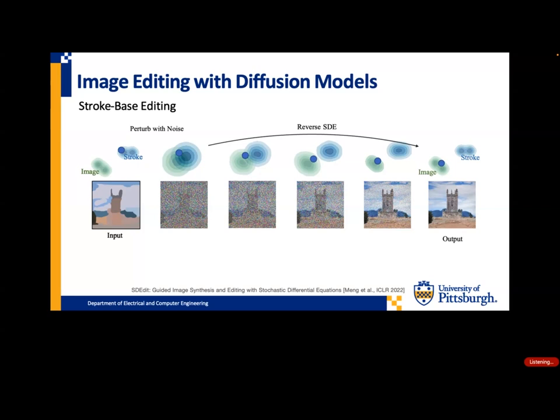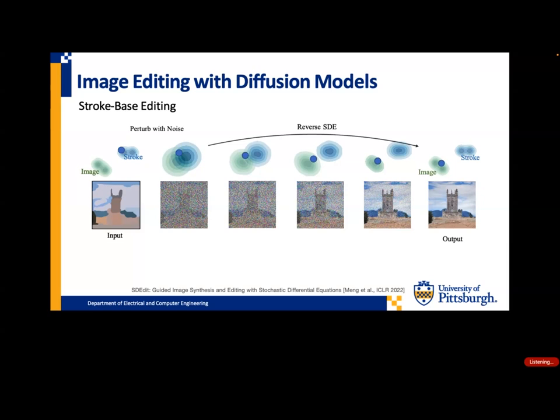When I push it off the cliff into the middle, I'm coming from the strokes, but I'm also very close to the real image mountain. So from here, if I keep doing the denoising process, I will gradually climb up to the green mountain, which is the real image. Therefore, by doing this, the image will follow my strokes, but also become a real image.